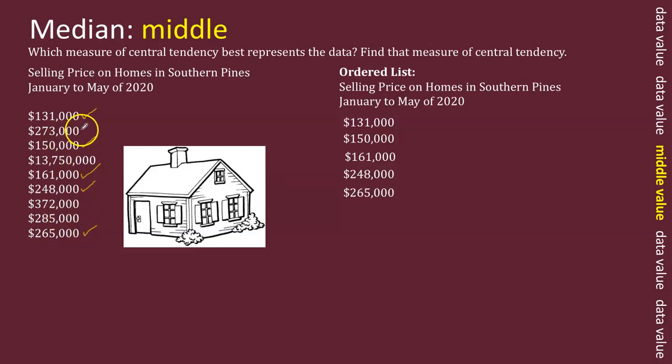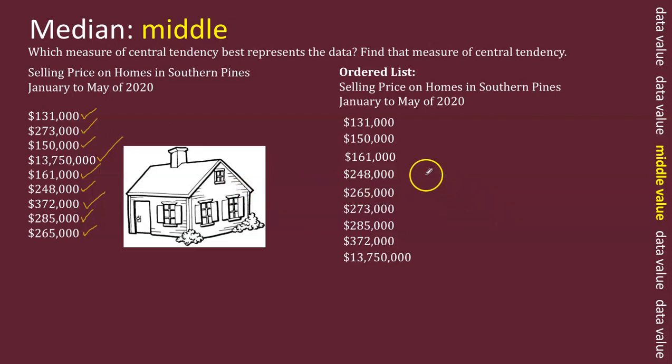Then, let's see, $273,000. Oh, $285,000, that one already showed up. And then $372,000. And then finally, the one house that sold for the most money sold for $13,750,000. Wow.